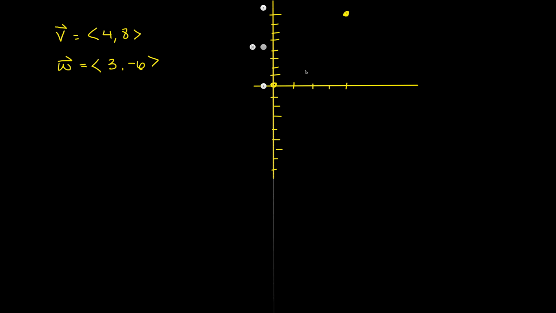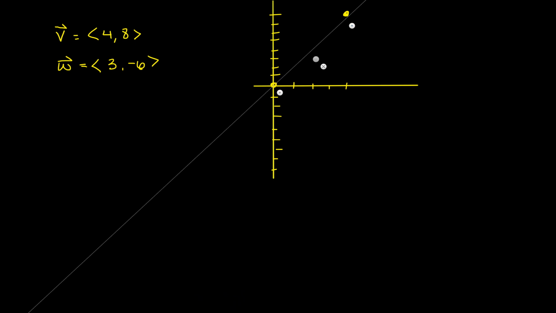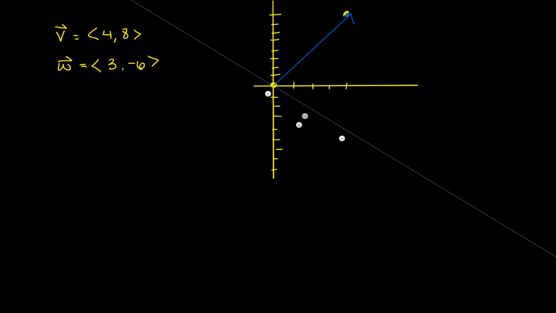So V goes from my origin there, and I'm going to make V this light blue. That was great. I didn't even hit that dot. And then W is 3, -6. So 1, 2, 3, -6. 1, 2, 3, 4, 5, 6.